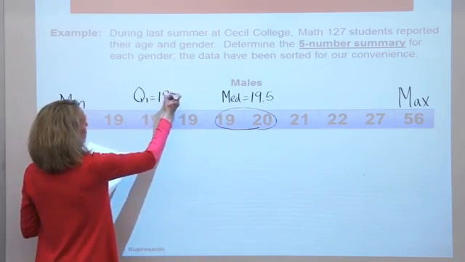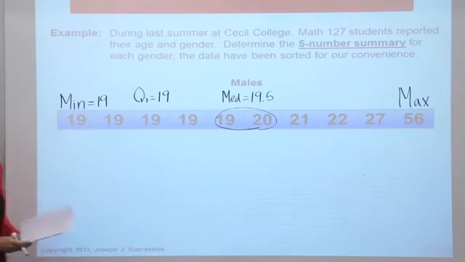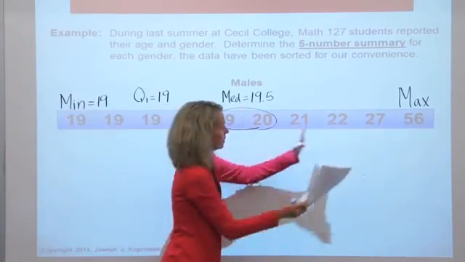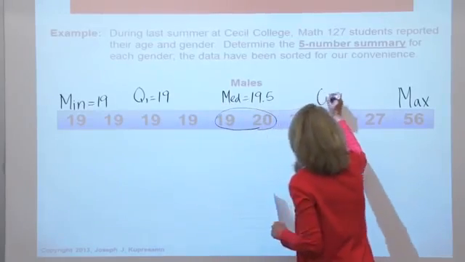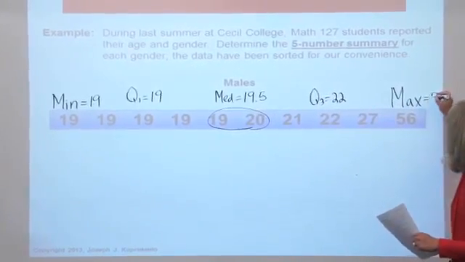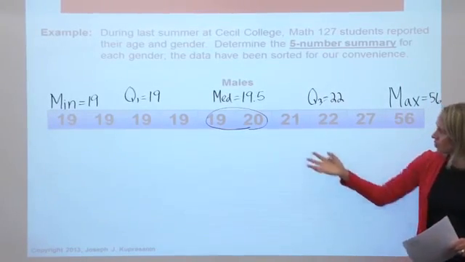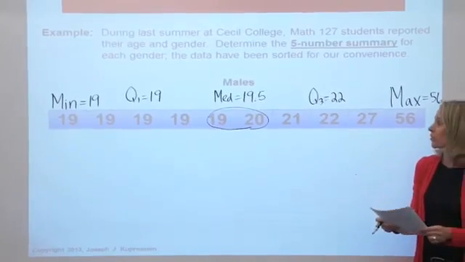So Q1 is going to be 19. Should have listed the minimum was 19. In the top half of the data, this value splits that in half. So Q3 will be 22. And then the max was 56. So for this sample of males, there's the 5-number summary for those.